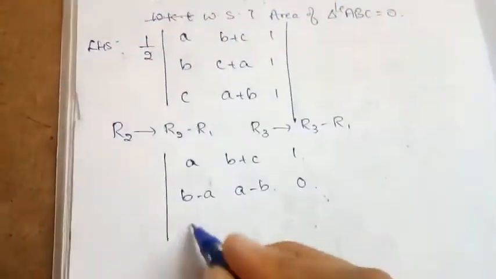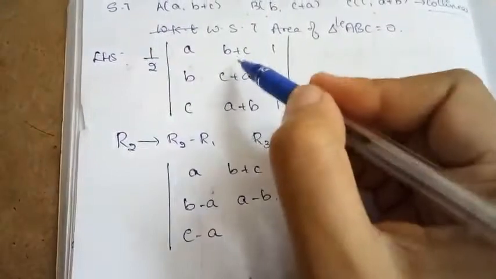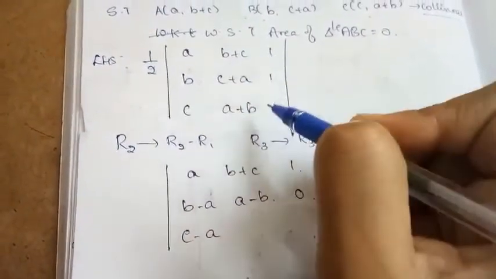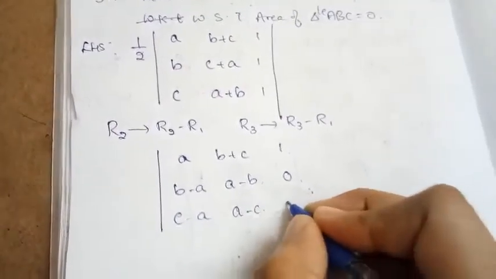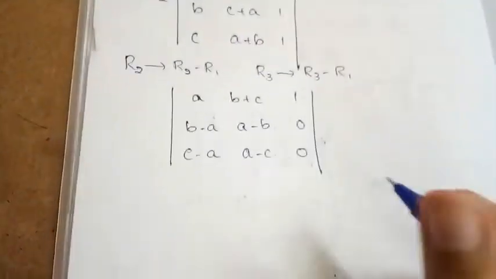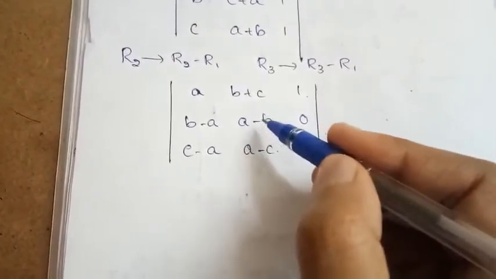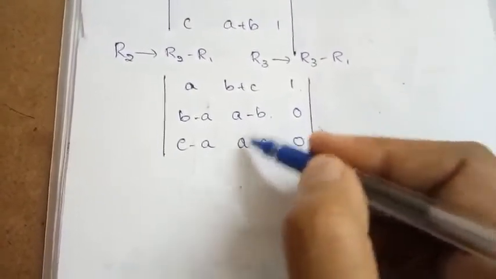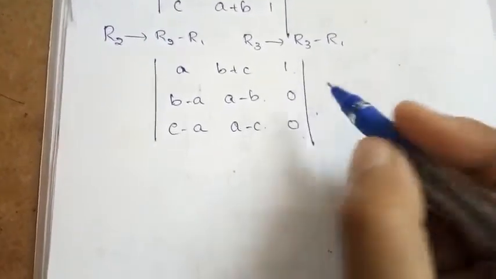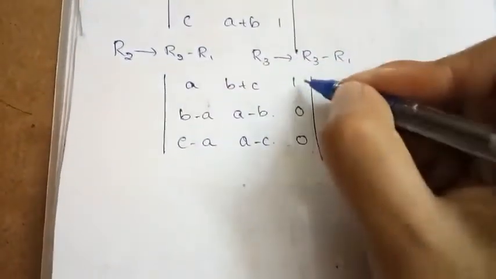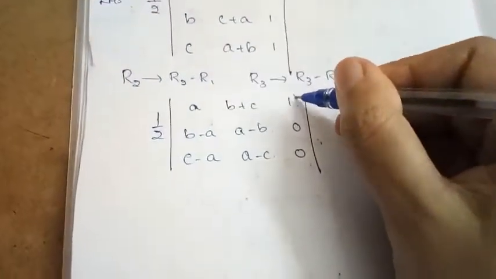Here C minus A, and A plus B minus B minus C. B minus B gets cancelled, so the remaining is A minus C. 1 minus 1, it is 0. So you can make another row operation and cancel more, making it simpler, but here I am having 2 zeros, so I will go with the expansion of this determinant, with half outside, along the third column.